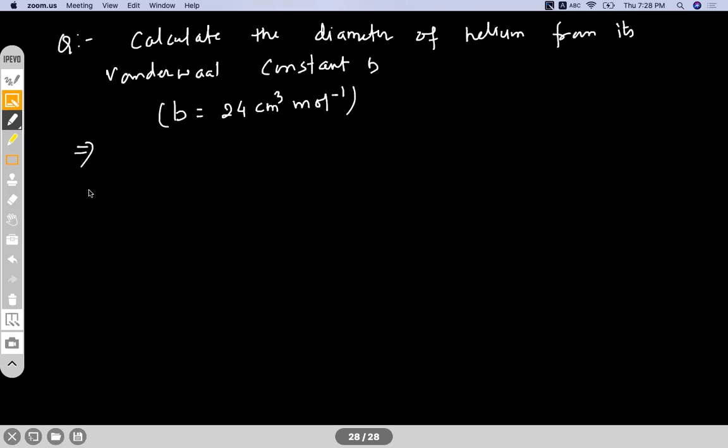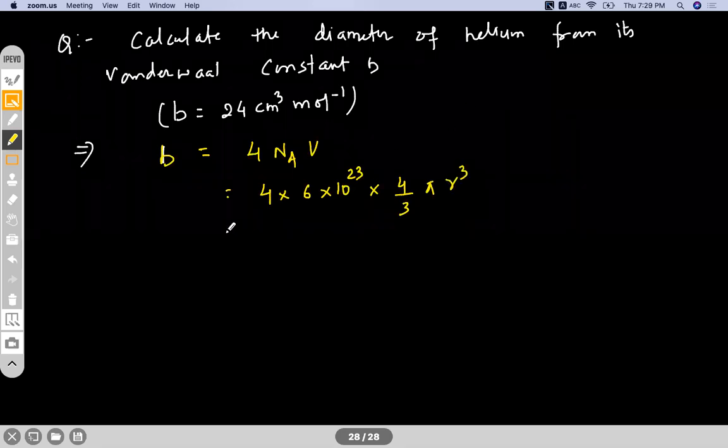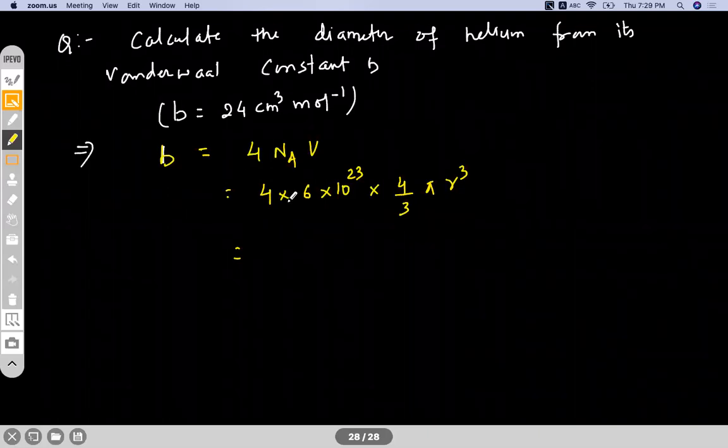Okay, so you see here, B value is given and the formula of B is what? B is equal to 4 into Na into V, right? V is the volume of one molecule. So 4 times Na, Na you can take 6 into 10 to the power 23 approximately, into 4 by 3 pi r cube. So this would be 4 into 4, 16, 16 into 6 is 96.